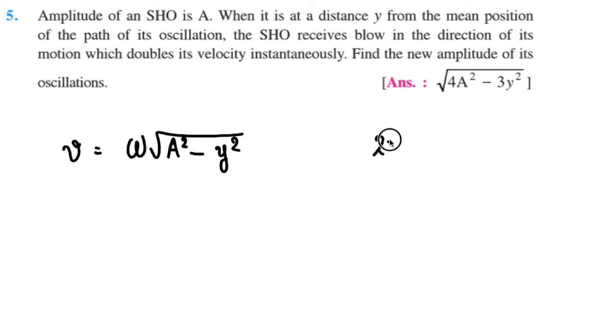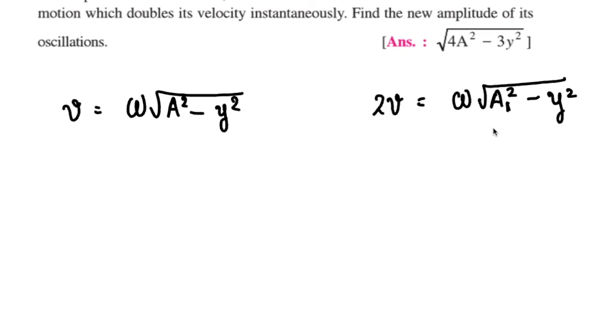It means my velocity is becoming double at some new amplitude but the same displacement. So this will be my second equation. Now for comparing these two equations, I should have either the LHS or the RHS the same. So I'll make the LHS the same by multiplying by 2 on both sides.